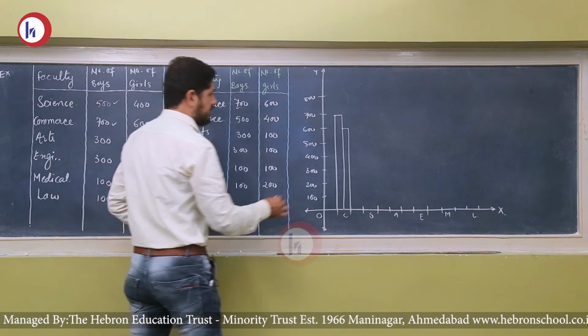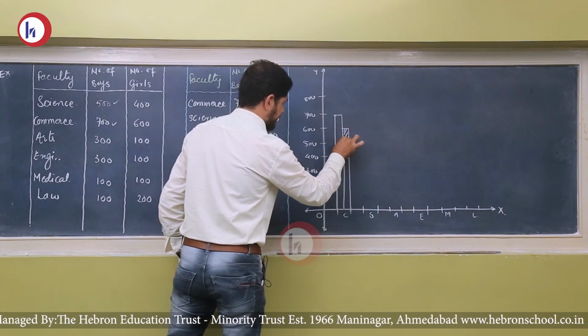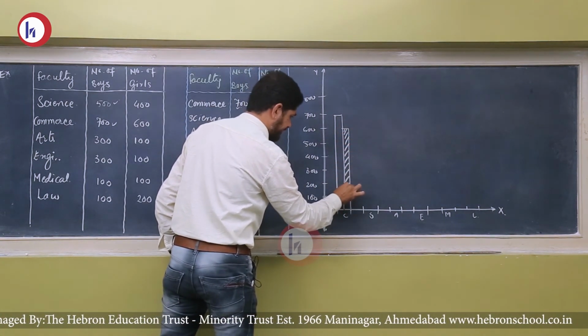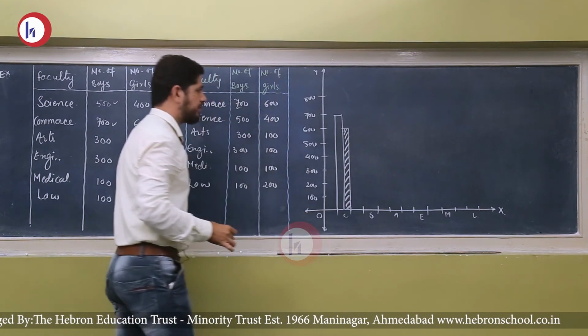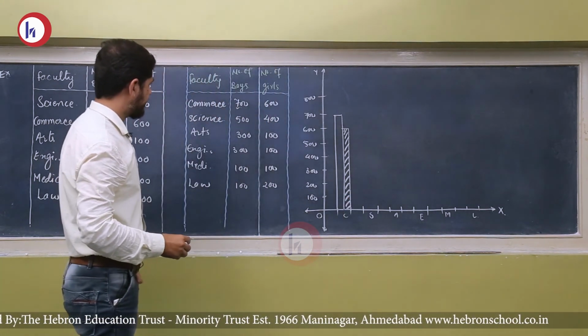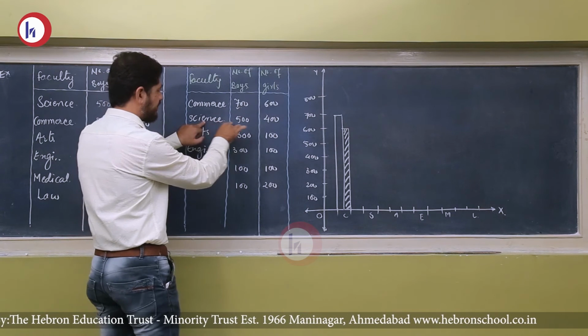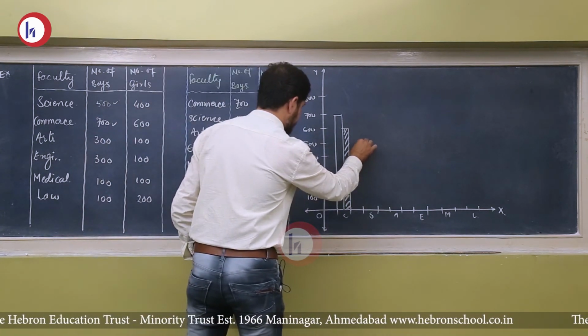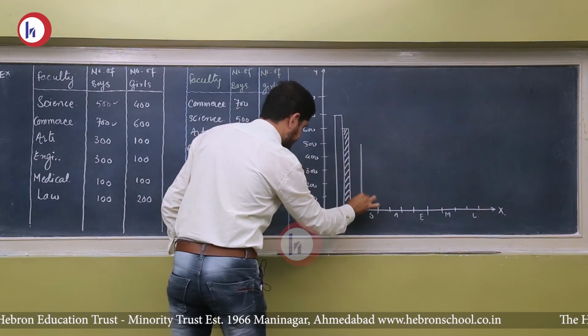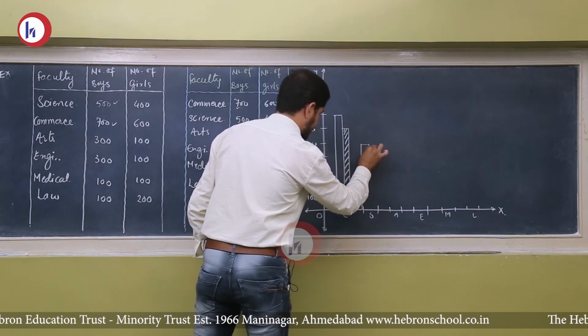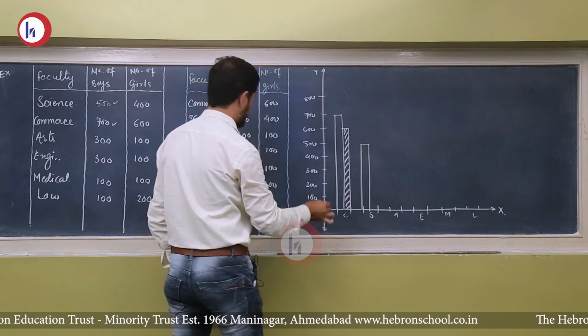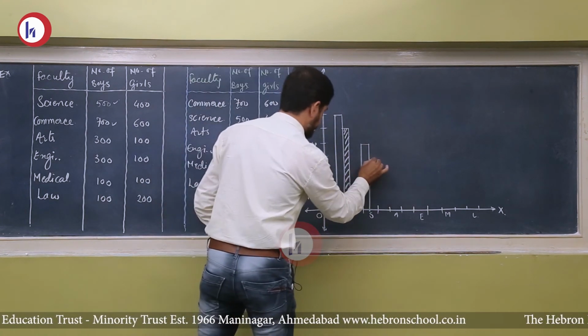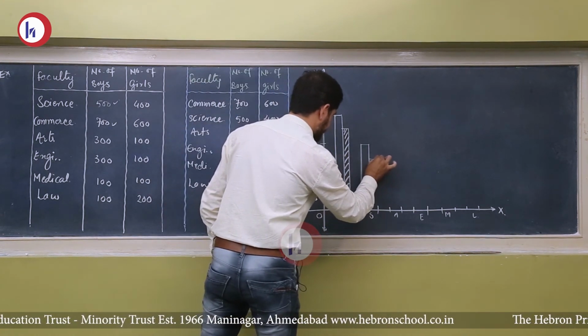Okay, now let's divide them with two different designs. In science there are 500 and 400. In science there are 500 for the half block, and for the remaining, 400.